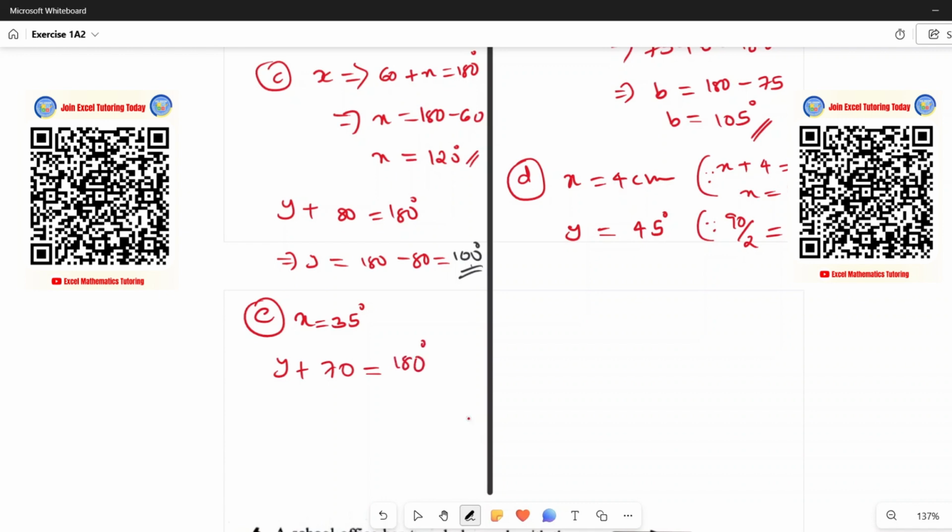Now the value of y is 180 minus 70, which will be 110. So this is the value of y here.